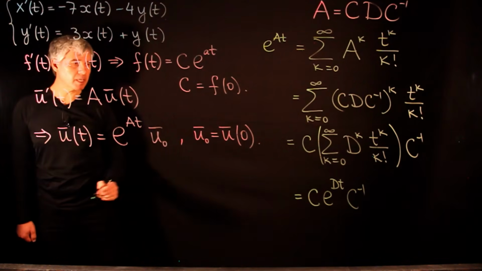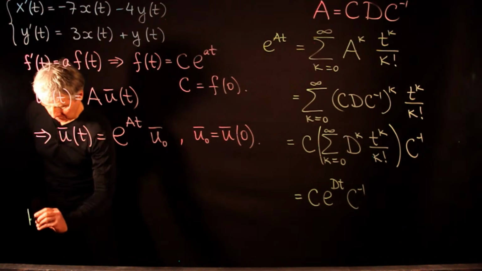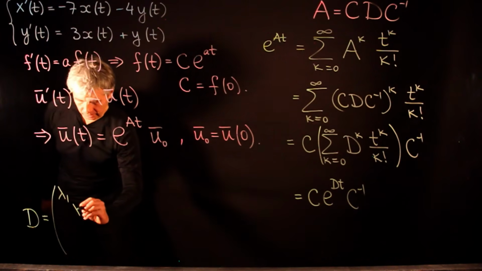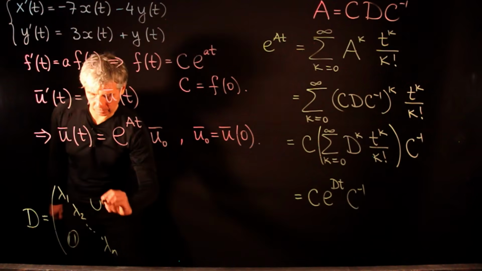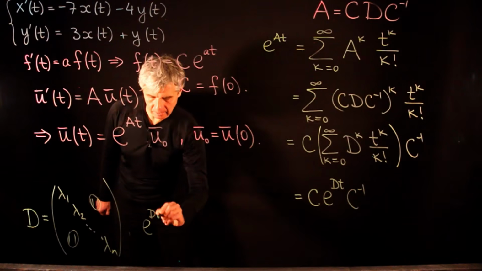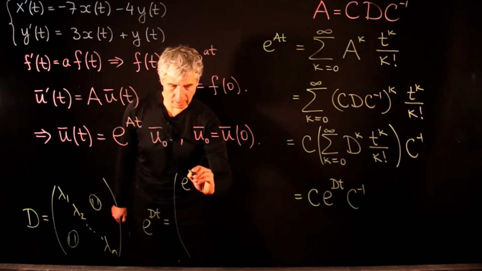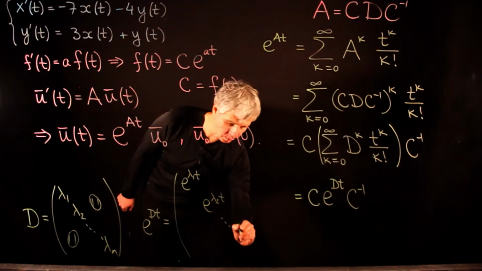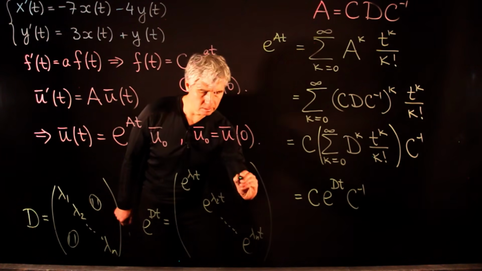And the point here is that for diagonal matrices, the exponential is easy to compute. So if we have a diagonal matrix D with eigenvalues on the diagonal, then e to the Dt is going to be a diagonal matrix with e to the lambda 1 t, e to the lambda 2 t, e to the lambda n t, and zeros elsewhere.